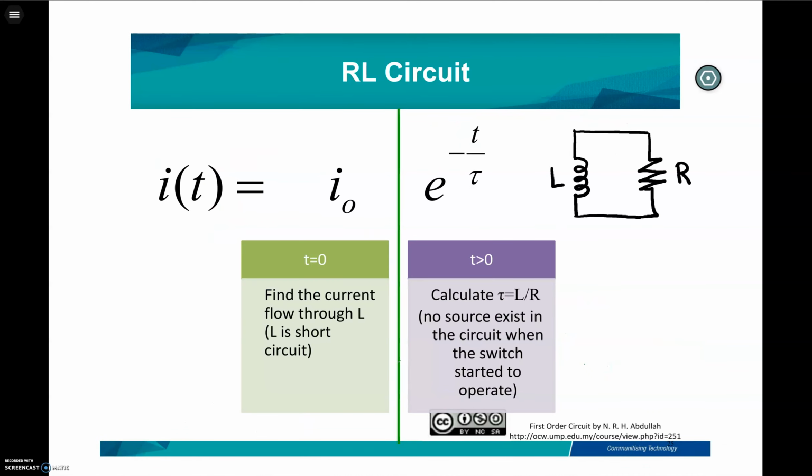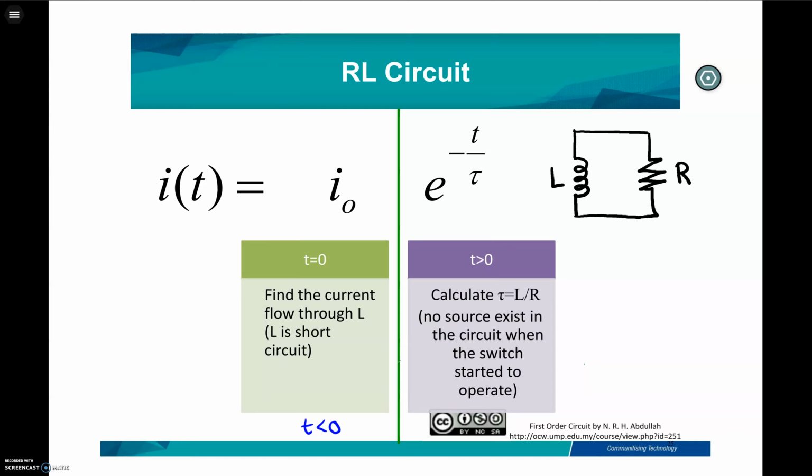Refer to this section, you can see that the equation is divided into two areas: when t is equal to 0 or t is less than 0, and the condition when t is more than 0, when the switch starts to function.